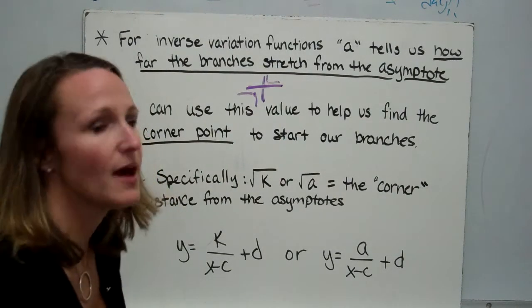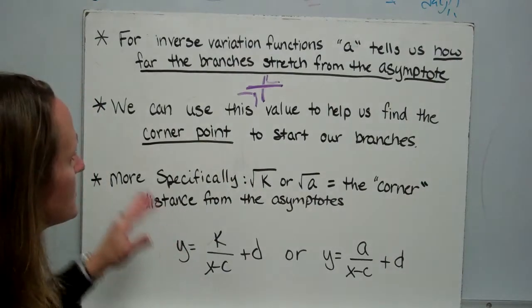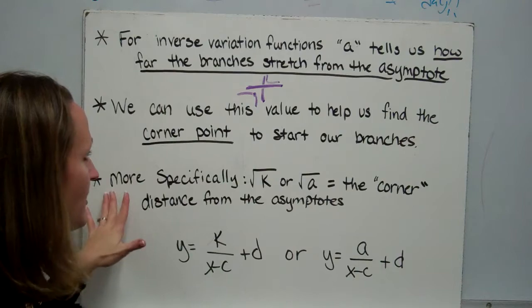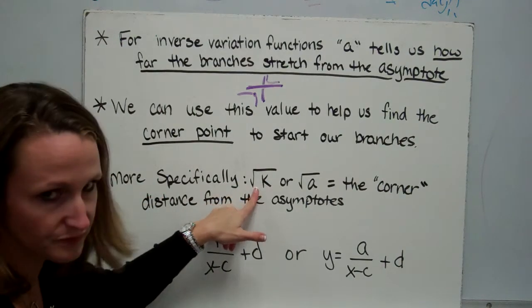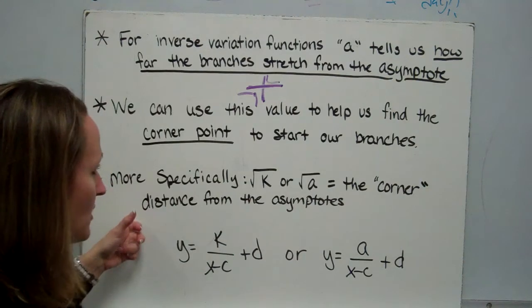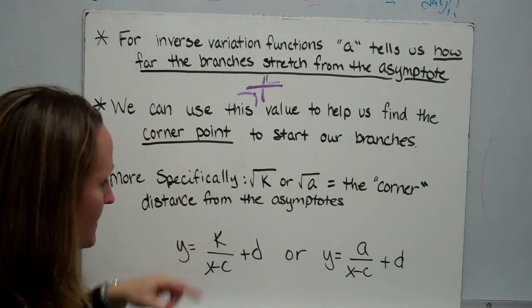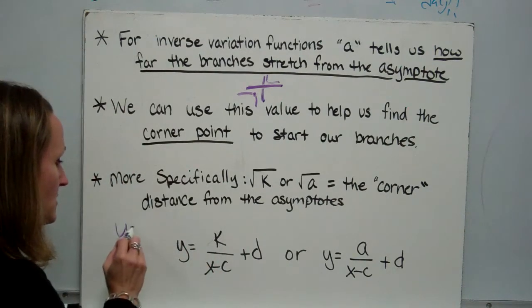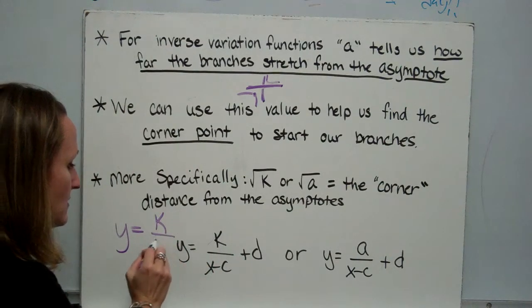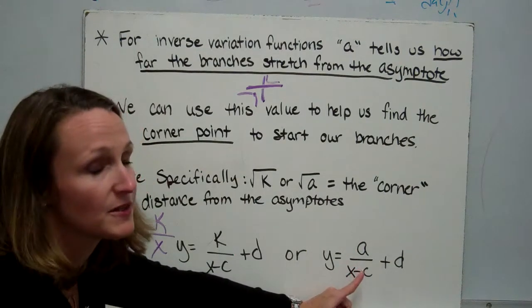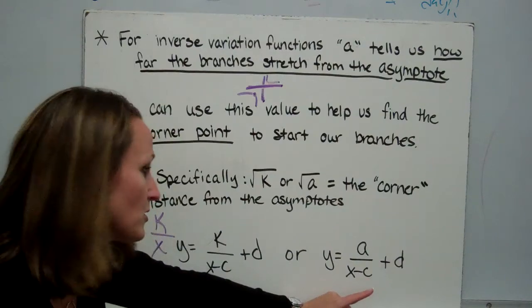So while we don't have intercepts, we do have corners. We use this value to help us find the corner point. Specifically, we take the square root of K, or A, to find the corner. And remember, I told you that we could write the equation as K over X minus C, because our original equation is this, or A over X minus C. And again, I put the A because that's what it's been in every other equation.